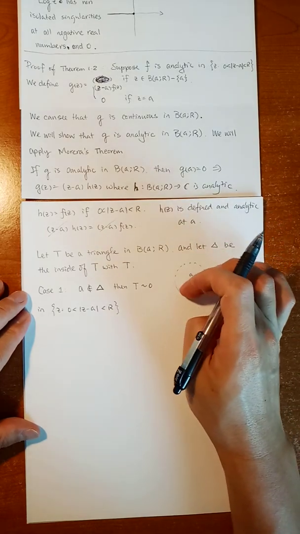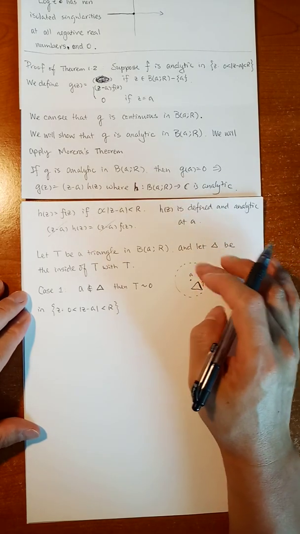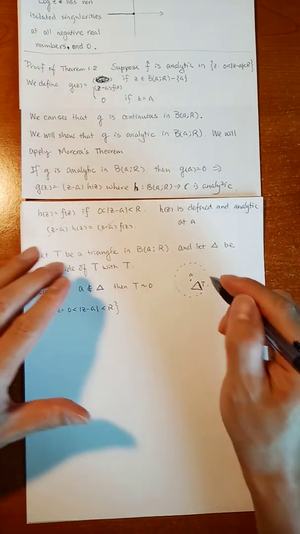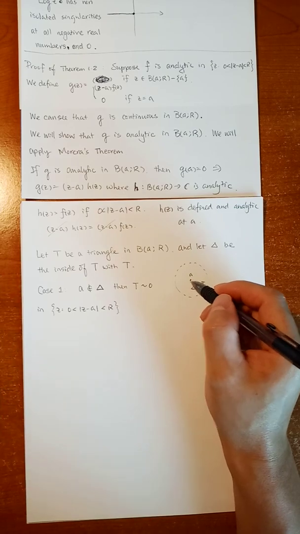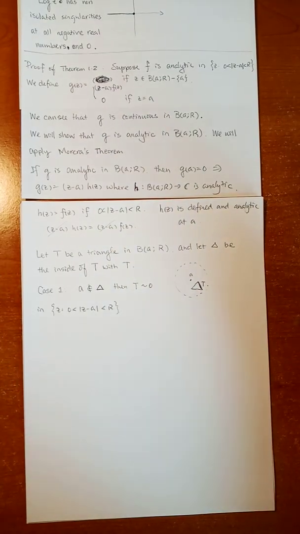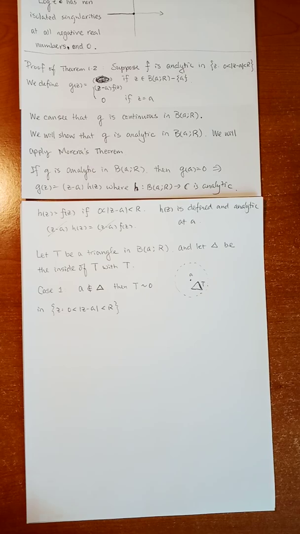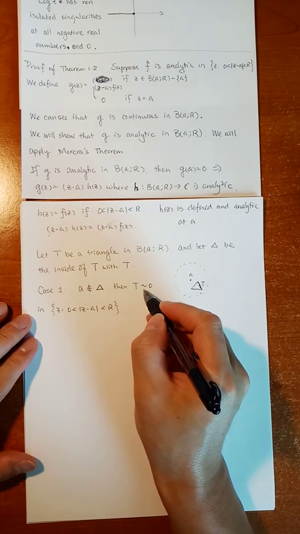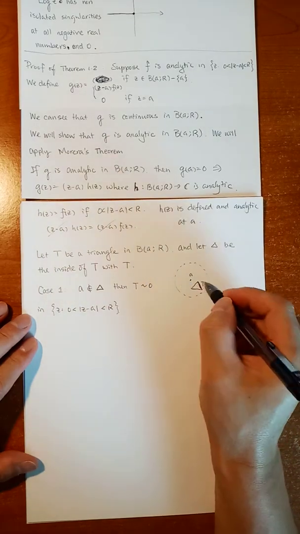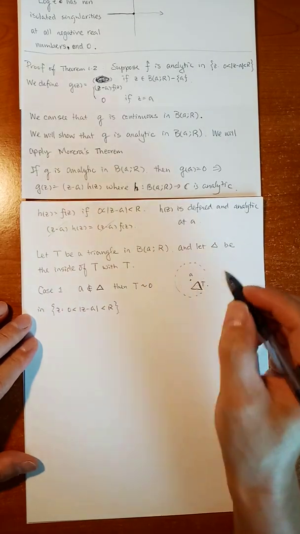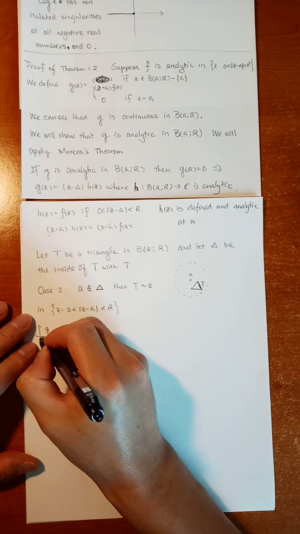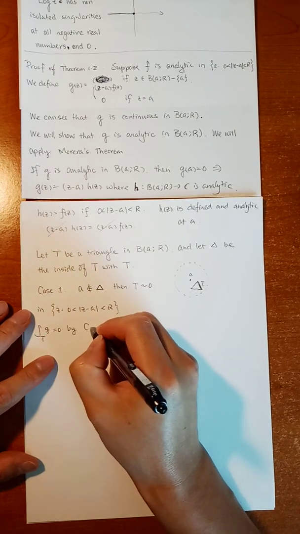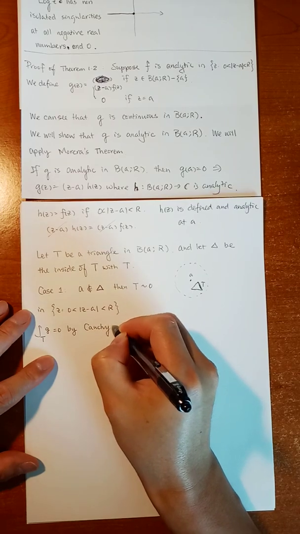It's always contractible inside the disk. But we emphasize this homotopy does not pass through the center. The center looks like a bad point so far. All right. So since it's homotopic to 0, and G is analytic in this part, the integral of G over T is equal to 0 by Cauchy's theorem.